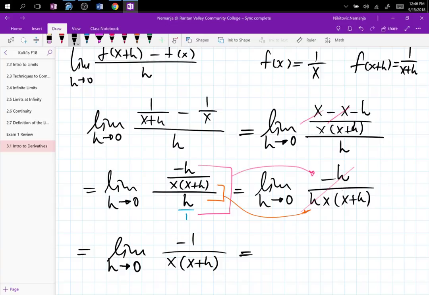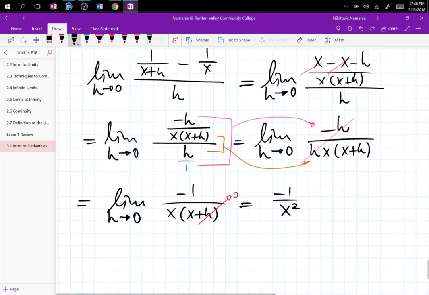Again, it is h that goes to 0. Do not bother x. Leave it alone. If h goes to 0, send h to 0, and you are left with negative 1 over x squared.